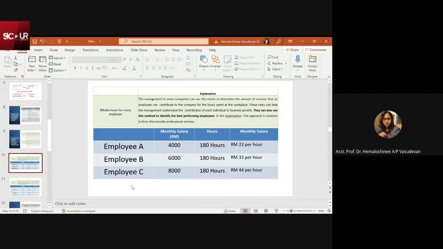So when you are holding a high position, you will be categorized as employee C to get 8,000, even though other people are working the same hours as you, because you are the one making decisions for them to proceed with the job.